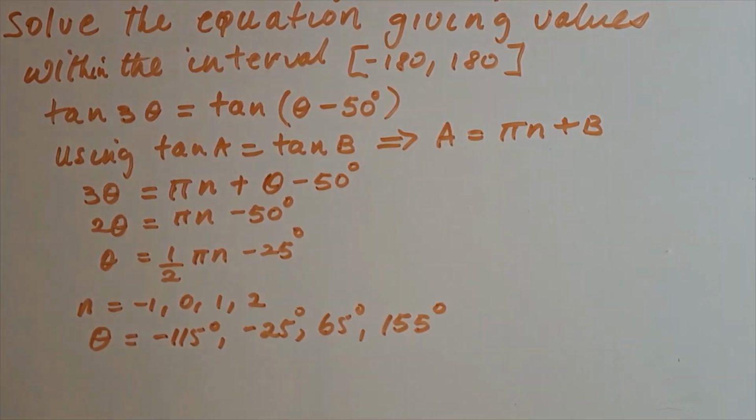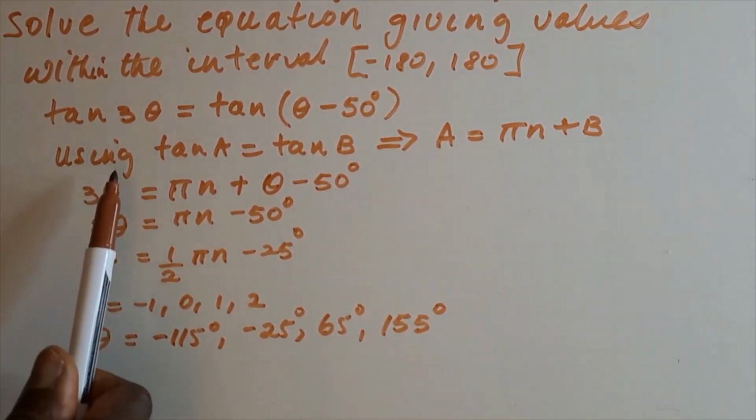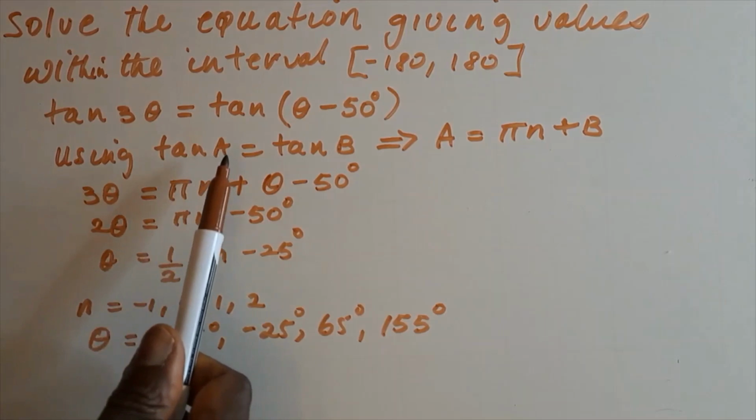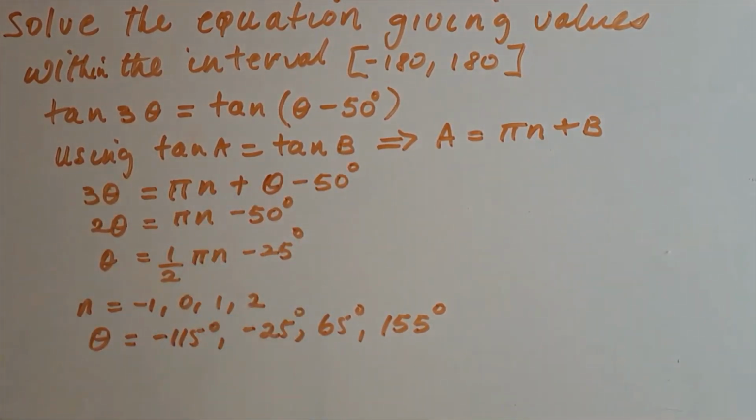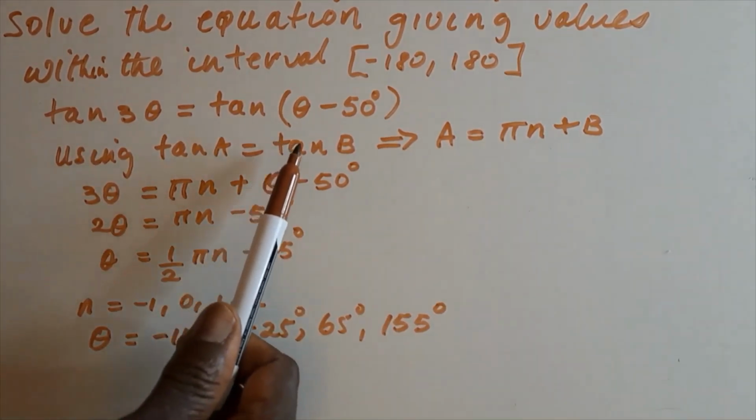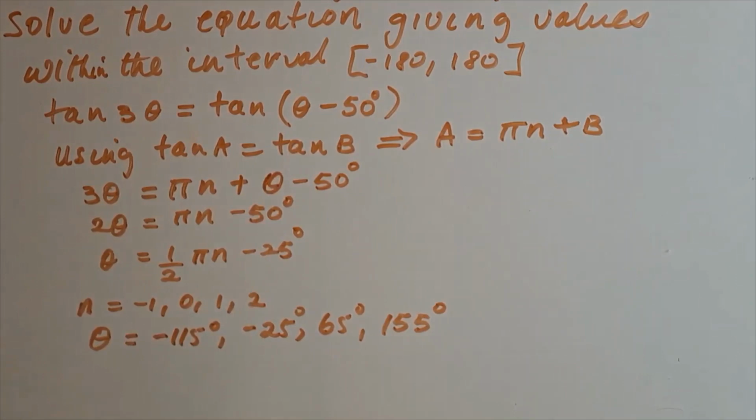And that's it. So this is a case of solving an equation in the form tan A equal to tan B, A being 3 theta and B theta minus 50 degrees.